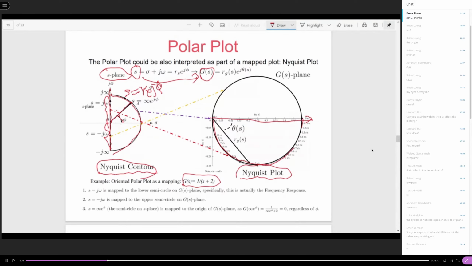This R could be anything, but the phase phi is the same. It doesn't matter how long the radius is. When you go along this semicircle, the phase phi goes from positive 90 degrees to negative 90 degrees, always. So the phase is not related to the radius when you go along this semicircle.